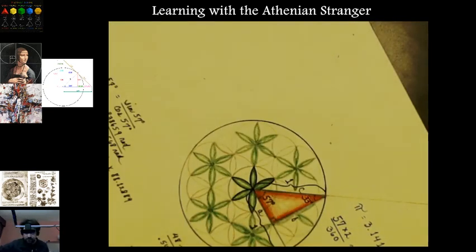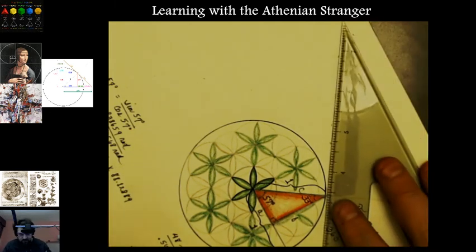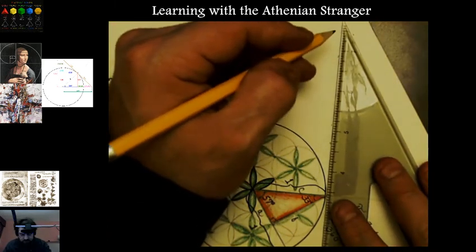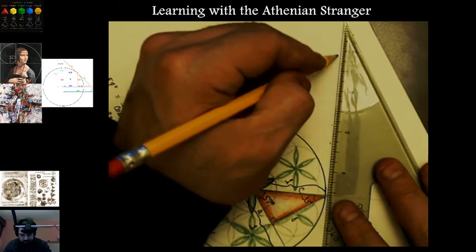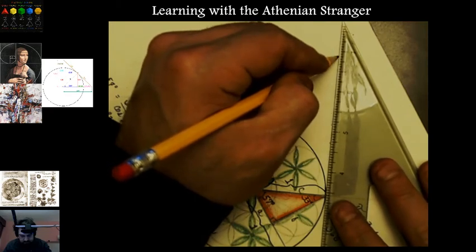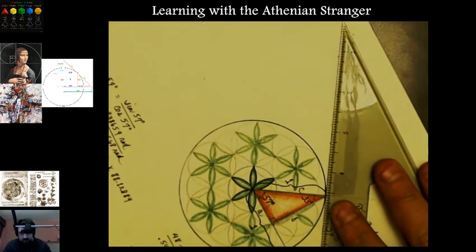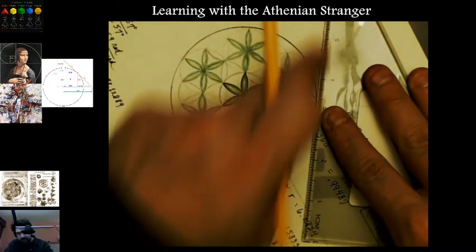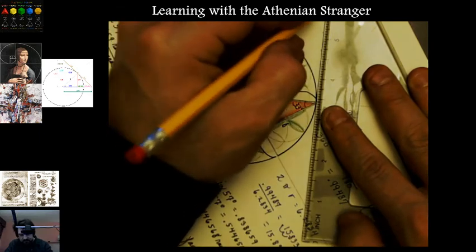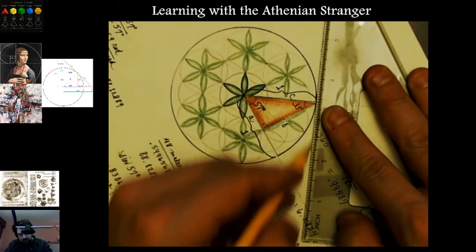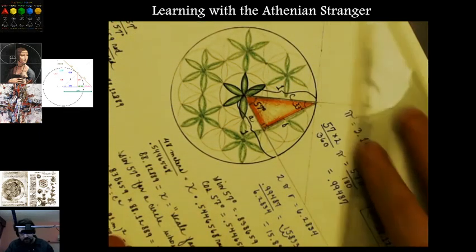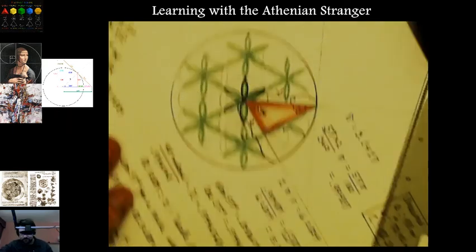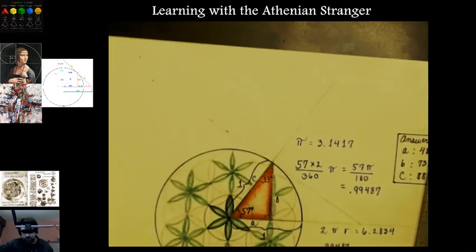And then I can draw in my tangent line. I just made a few guide marks. And I'm going to bring that line all the way down until it hits the line that I drew. Okay?